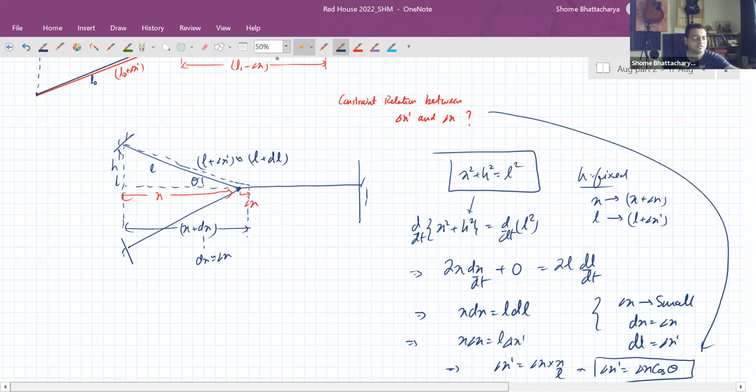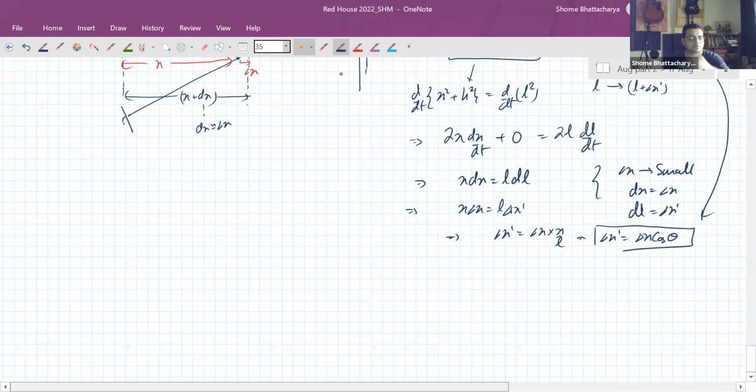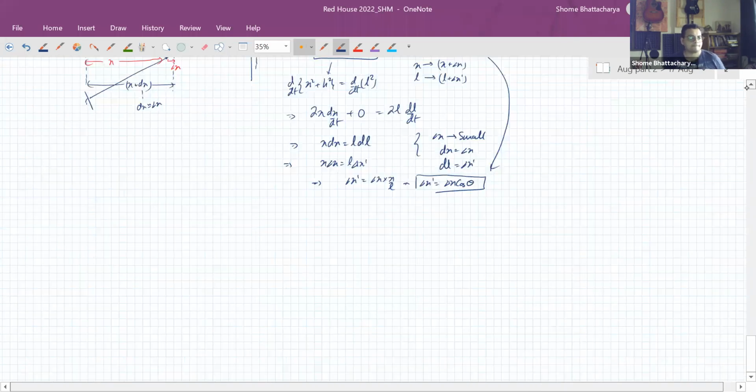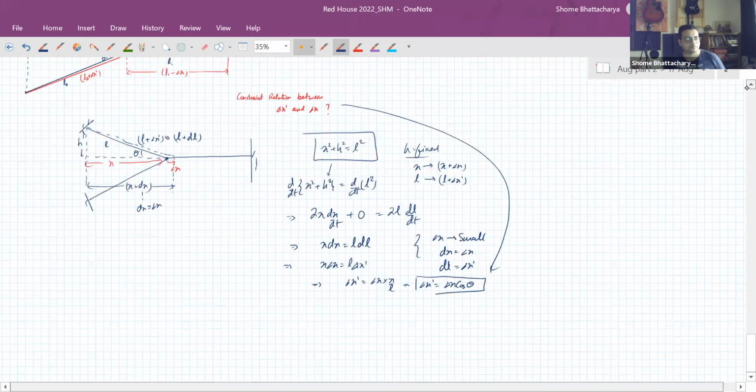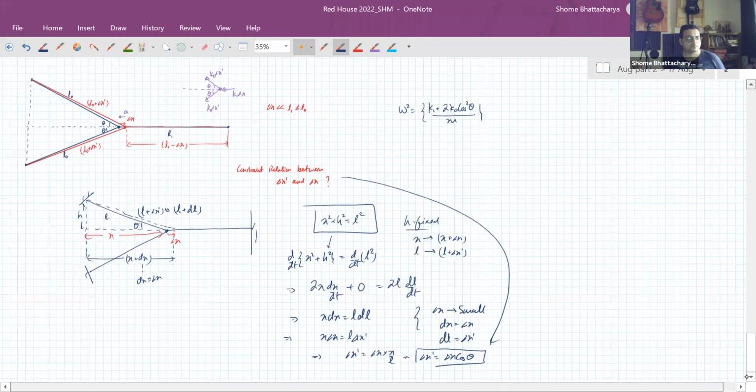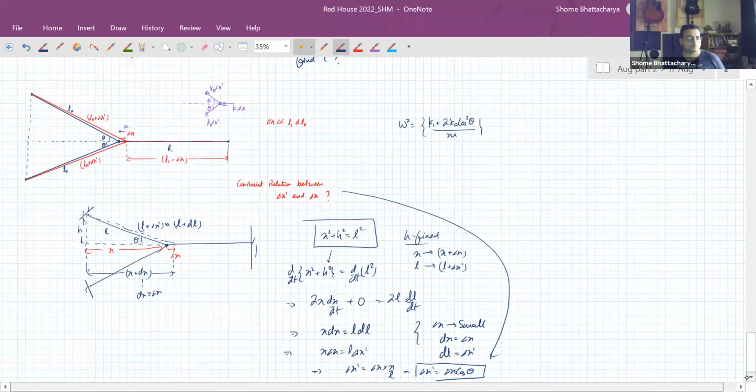And once you have the constraint relation, the rest is about free body diagram solving. When you solve this FBD, you'll get this value of omega square.